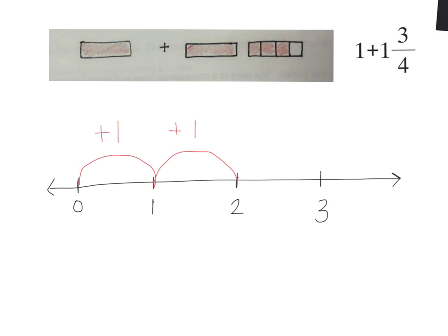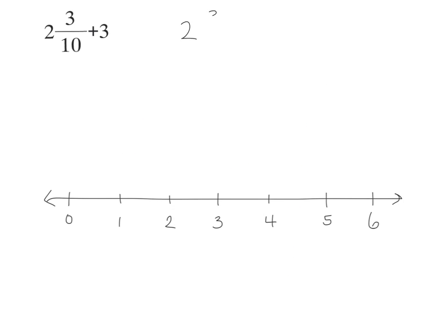What number am I at now? 2. And I still have to add how many? 3/4. So I'm going to divide this into 4 pieces, and I can go 1/4, 2/4, and 3/4. So my final answer would be right here on the number line, which is what? 2 and 3/4.